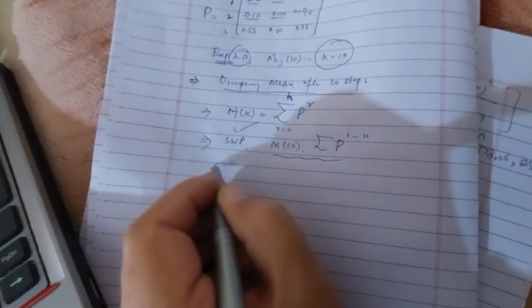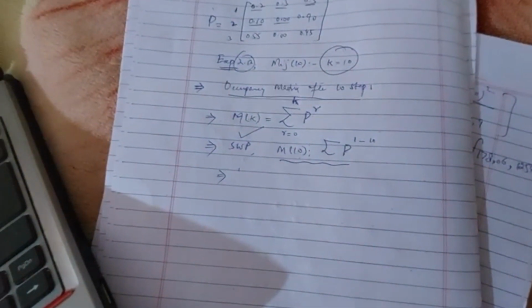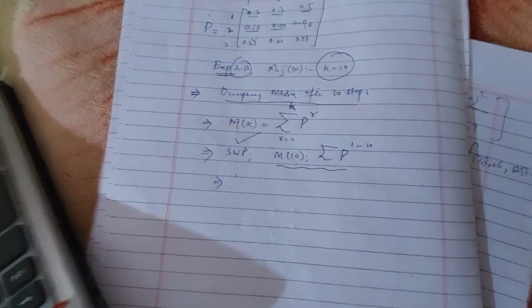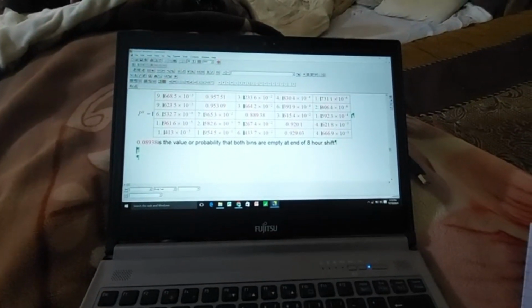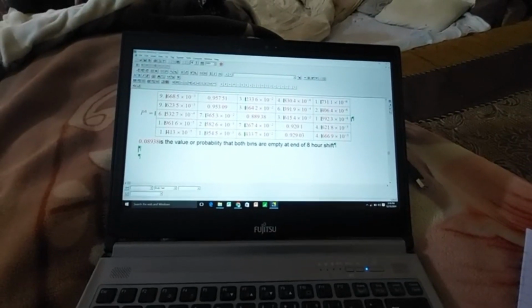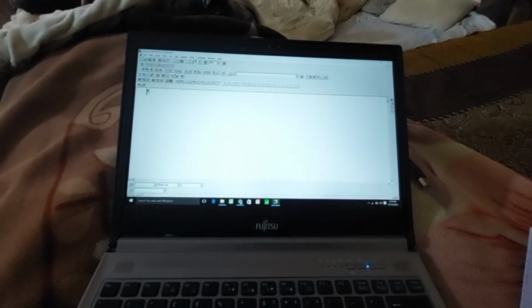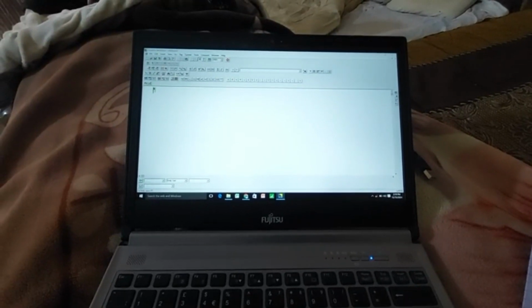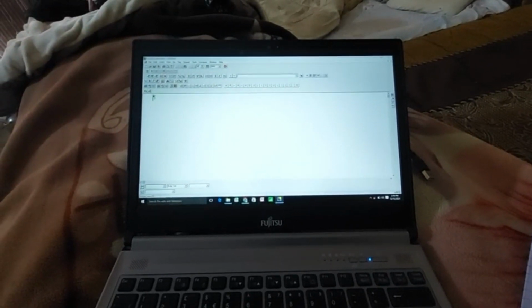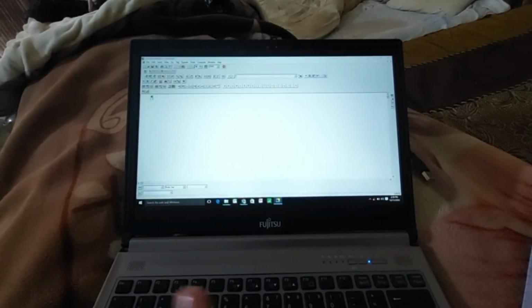So let's do it in Scientific Workplace. Let's have another blank sheet. Now this is the blank sheet. What I need to do is go to Control M for mathematics.